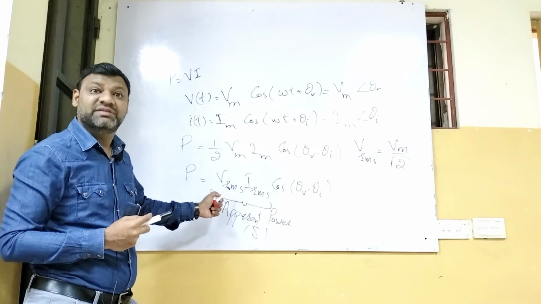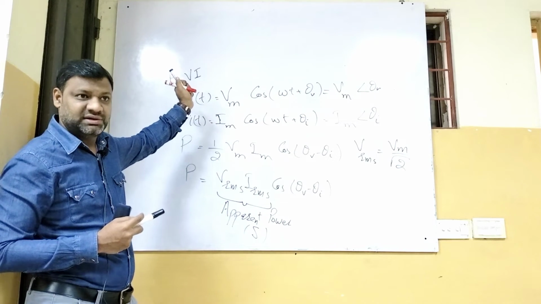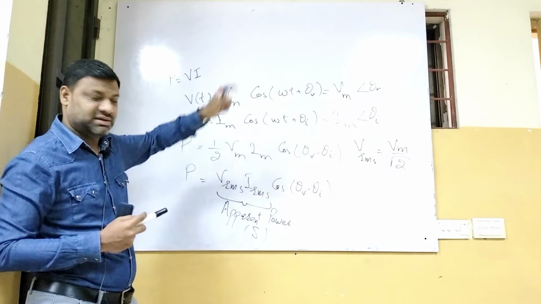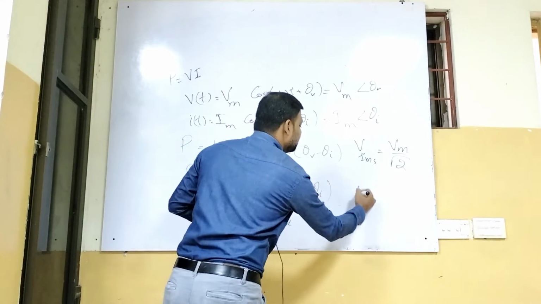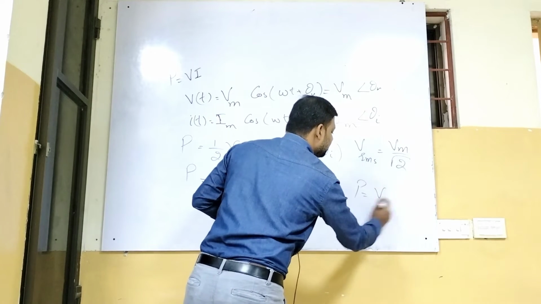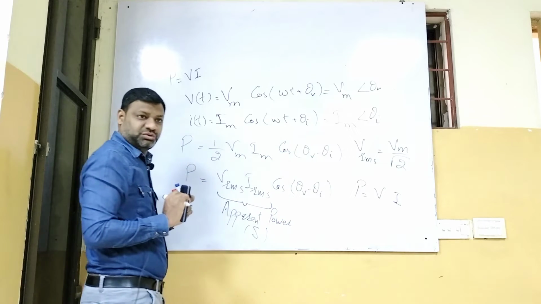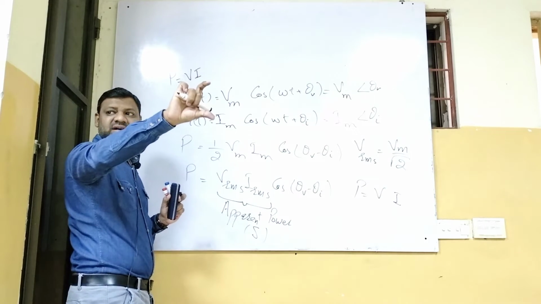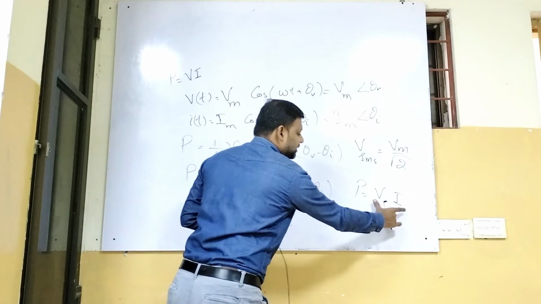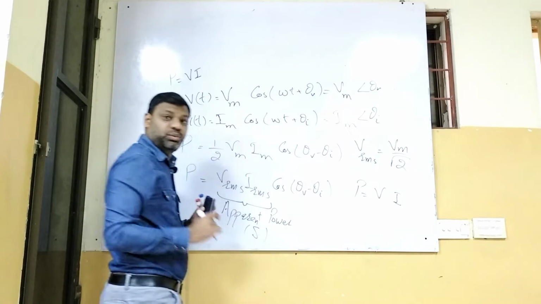VRMS will give us the effective DC. कि अगर आप इस अमाउंट का DC लगा दें तो फिर आपको ये पावर मिल जाएगी, और DC की पावर की ही क्या, V effective या V root में VI था ना, यानी जो आपने DC सप्लाई दी है वो कितना वोल्टेज दे रही है, वो कितना करंट फ्लो करवा रही है. The product of that is equal to VI.